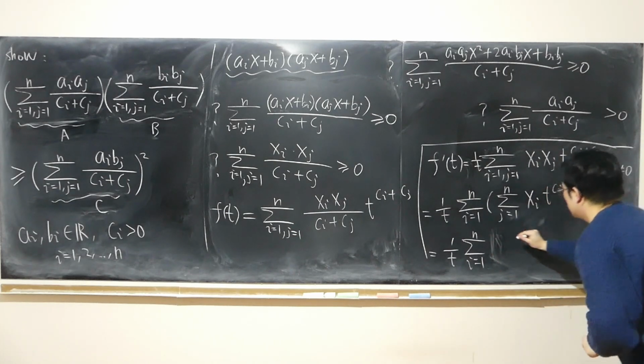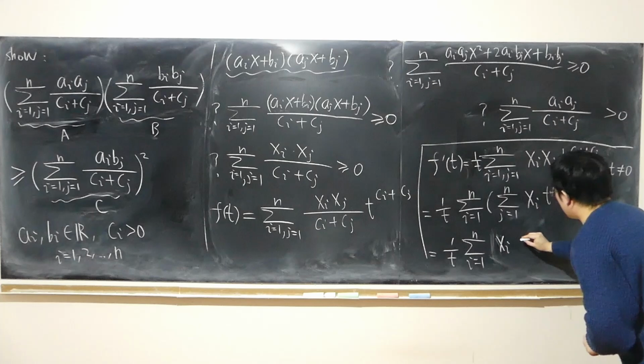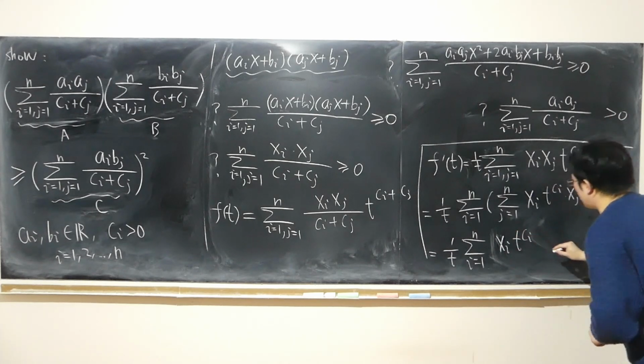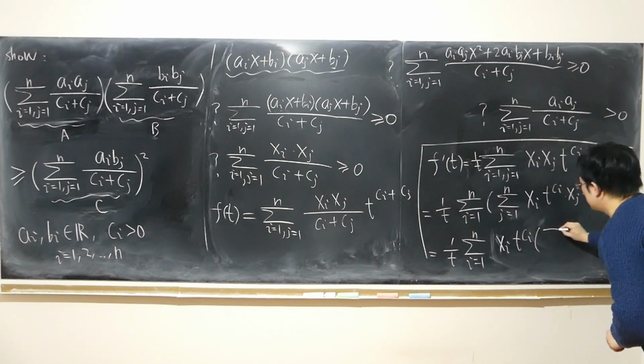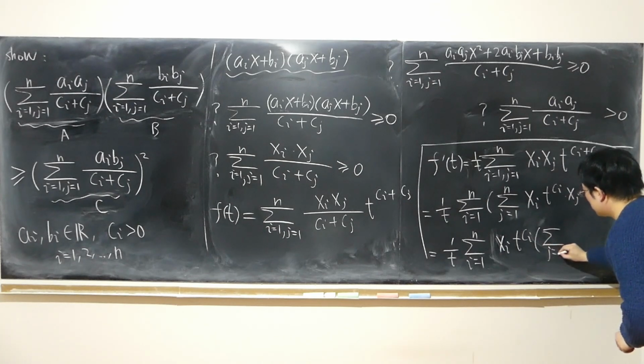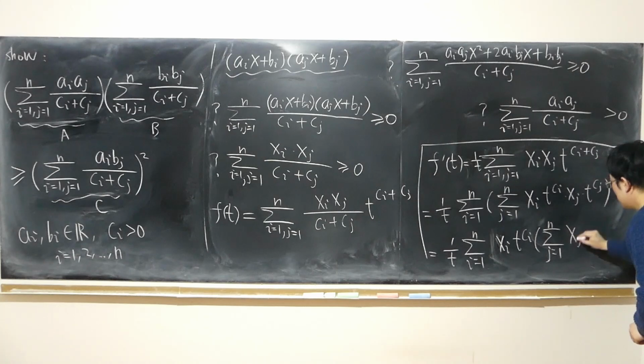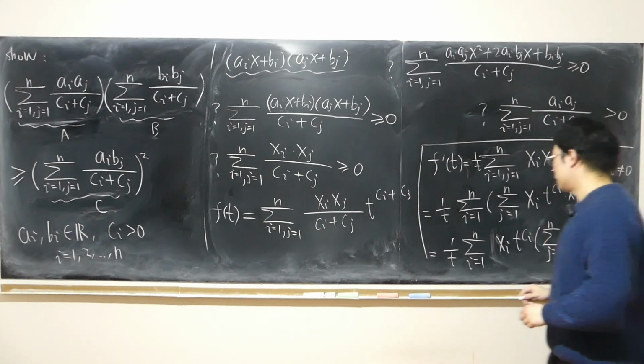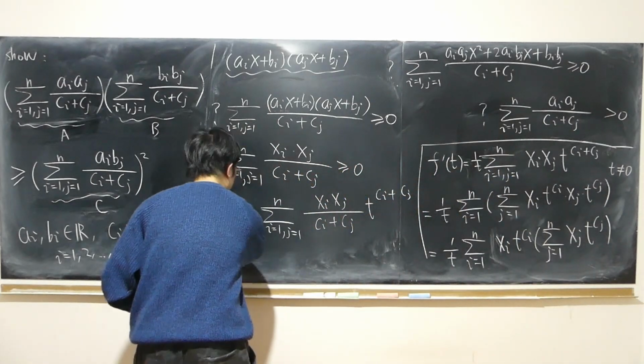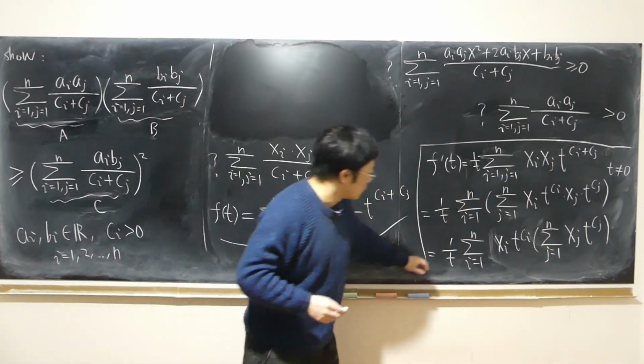Just pull out this xi t to the ci outside of this sum, j from 1 to n, xj t to the cj. Perfectly legal. So we reached this part.